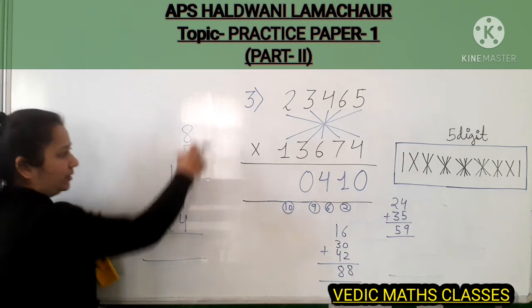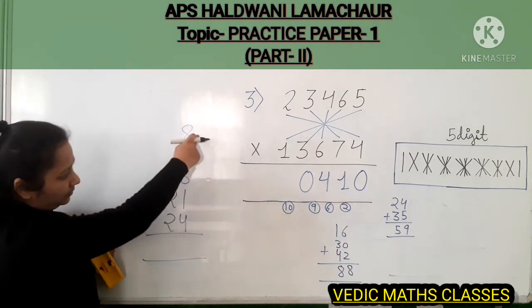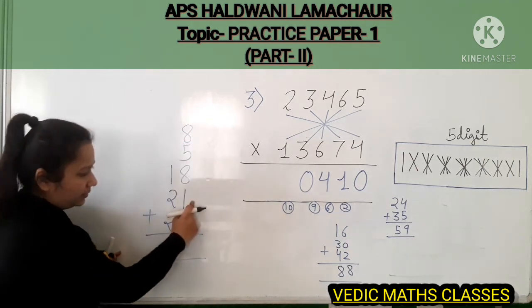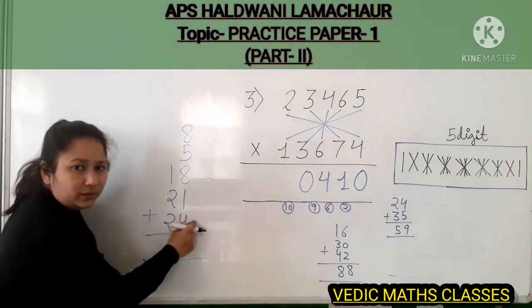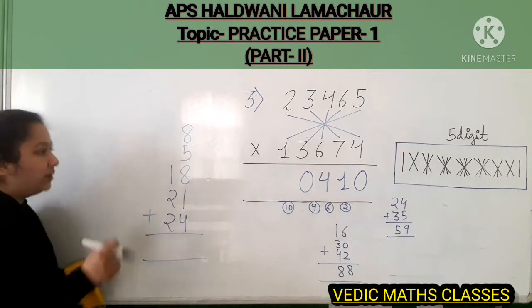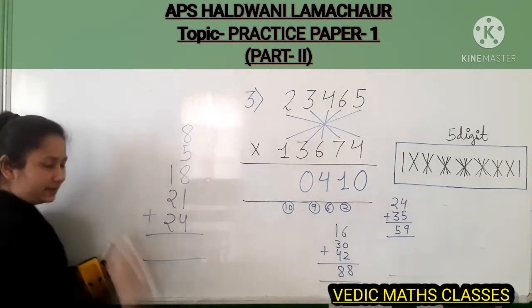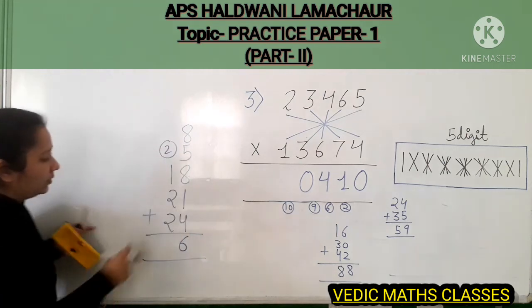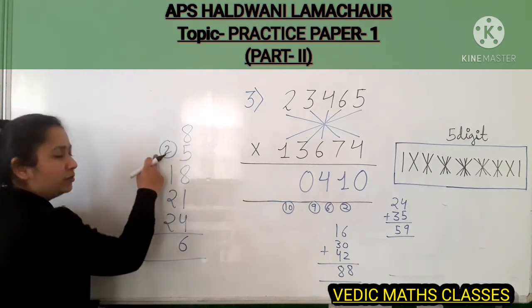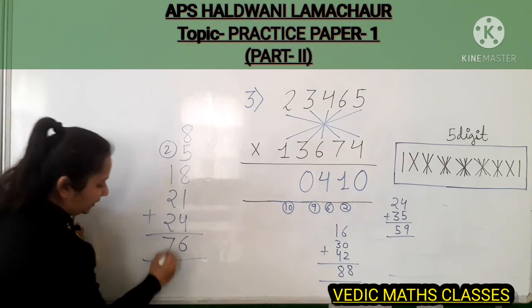See kids, 8 16, 16 plus 1 17, 17 plus 4 21, 21 plus 5 26. 6 here, 2 will go carry. Now 2 plus 2 4, 4 plus 2 6, 6 plus 1 7, it's 76.